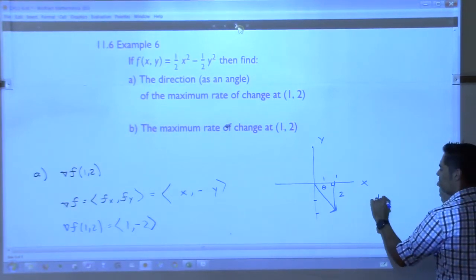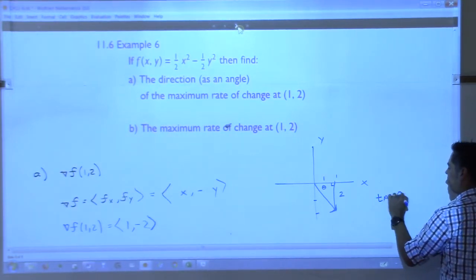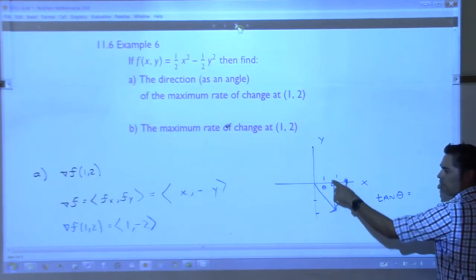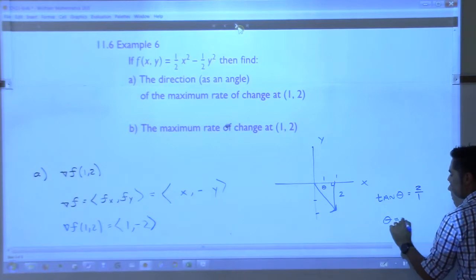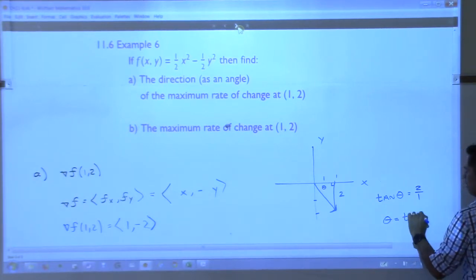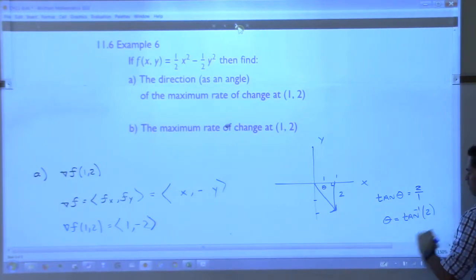We know that tangent of theta would be opposite over adjacent. So that means theta is going to be arctangent of 2. Go ahead and do that on your calculator, and let's see what angle you get. Make sure it's in degrees. 63 point what? 4 degrees.